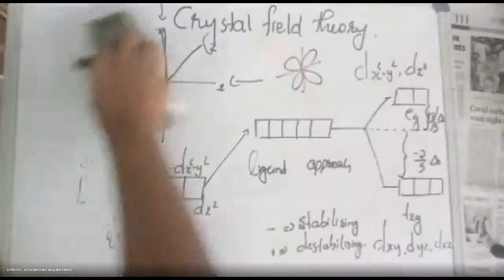So this is the case of octahedral complexes. Whereas in tetrahedral complexes, what is happening? Only 4 ligands are approaching, right?